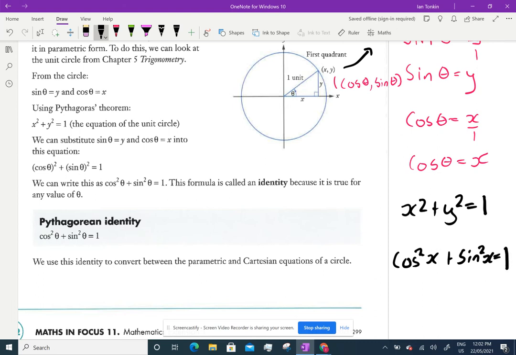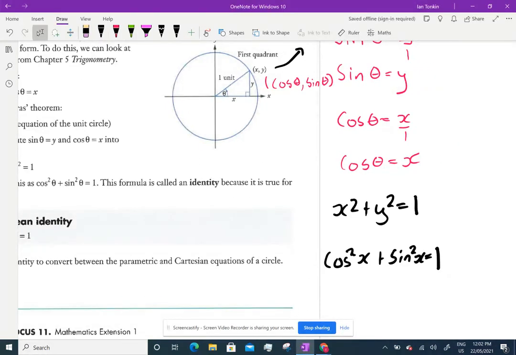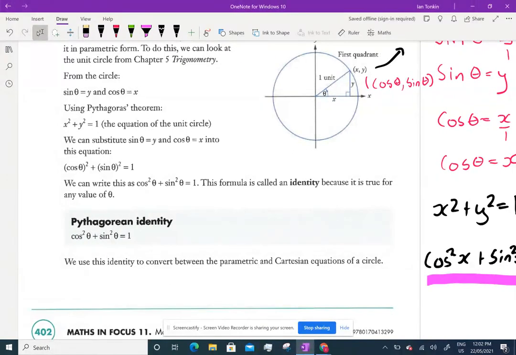And that will always be true. That's our Pythagorean identity, which you need to remember. And that's going to help us when we do these parametric versions of these quadratic circles. Okay.